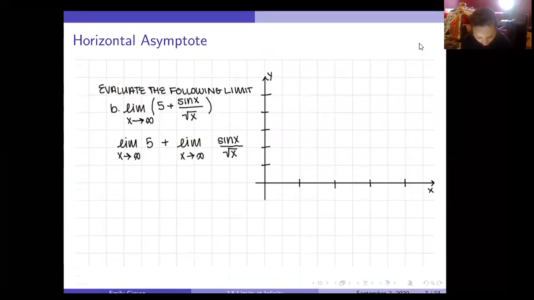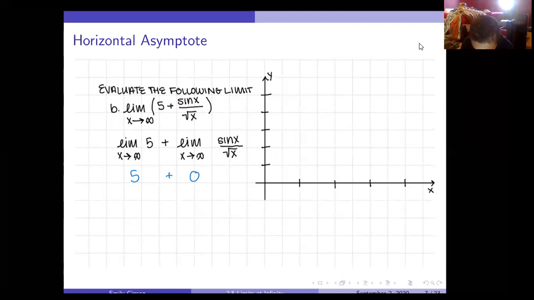Now here's another one, and this one is a little bit tricky. We know that the limit of 5, a constant, is just going to equal 5. But what about the limit of sine of x over root x? Well, we know from the squeeze theorem that this is 0. So what does this graph look like?